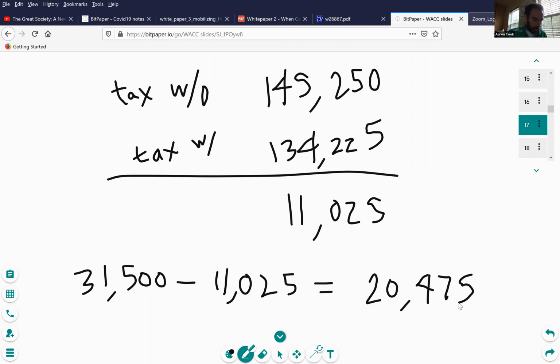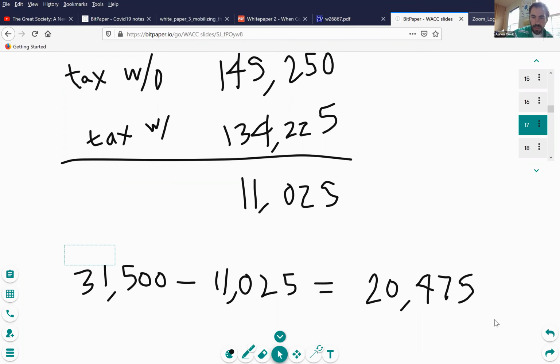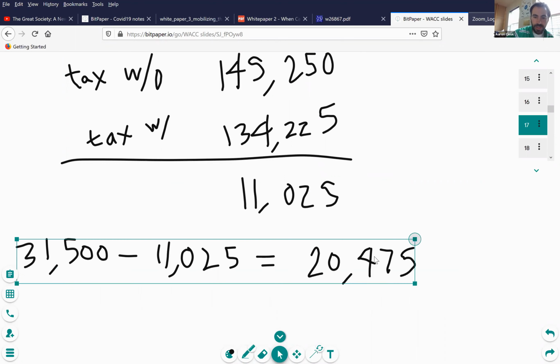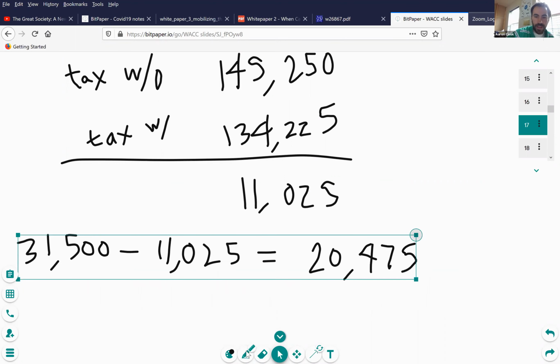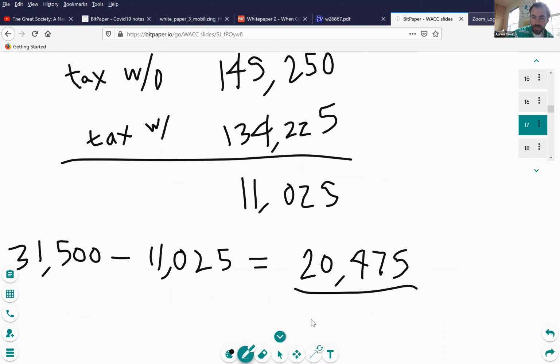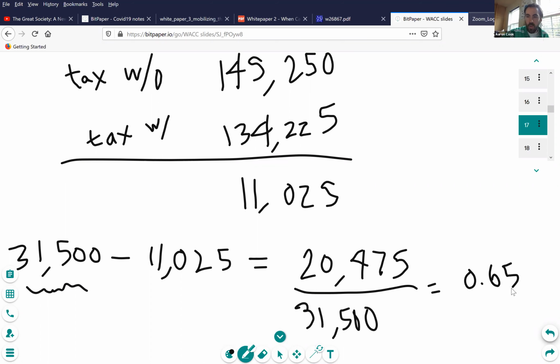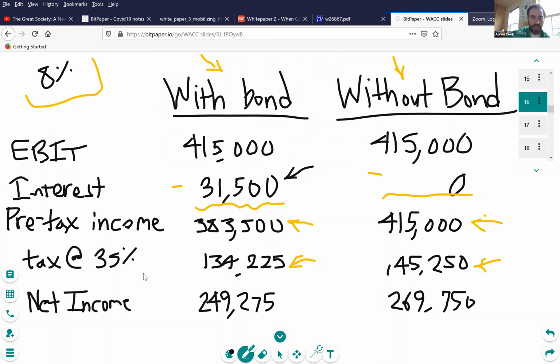And if we think about that as a fraction of the interest, 20,475, if we consider what that is as a fraction of the interest payments, so the interest payments were 31,500. That ratio is actually 0.65, which turns out to be 1 minus the tax rate.